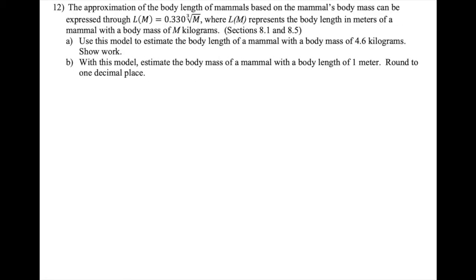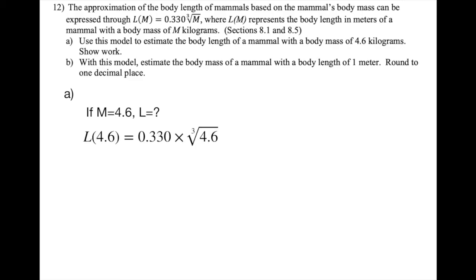Okay, number 12. You have the model L of M as this radical function. So for part A, they want you to use this model to estimate the body length with a body mass of 4.6 kilograms. So big M is 4.6. You want to know what is L. So you plug into your model.